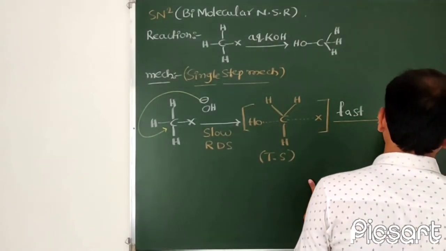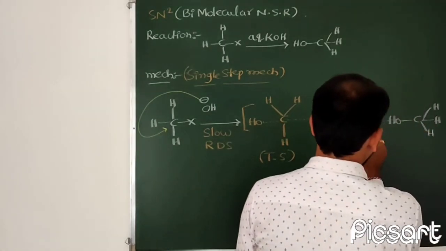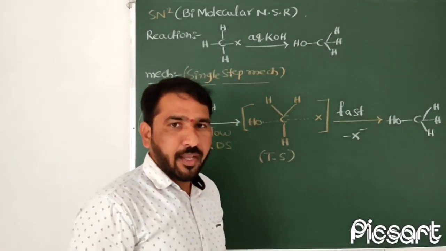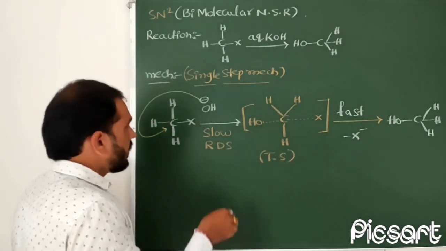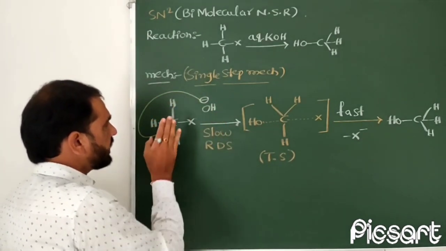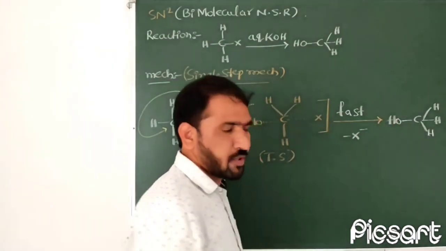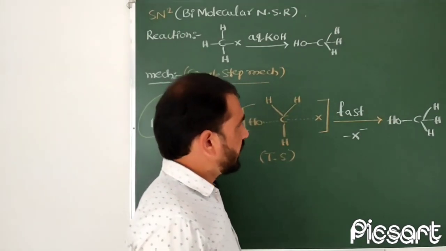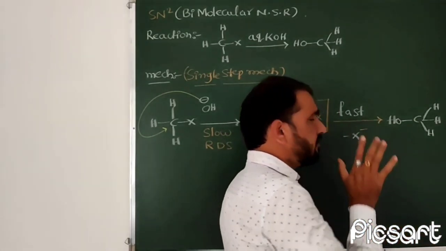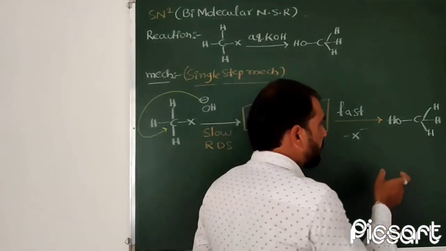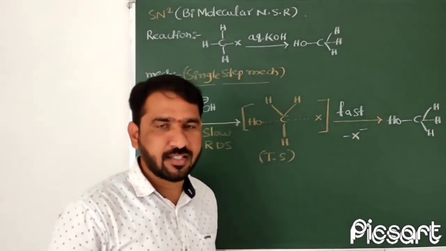Then it results in alcohol like this. According to Walden, when the nucleophile attacks the carbon, the leaving group is ready to move out, then at the end of the reaction, after removing the leaving group, a complete bond is formed between the attacking nucleophile and the carbon present in the reactant.